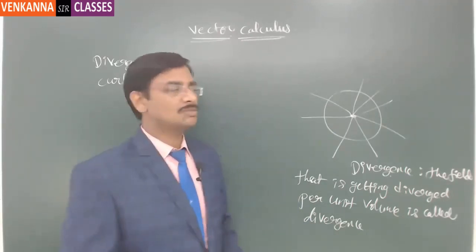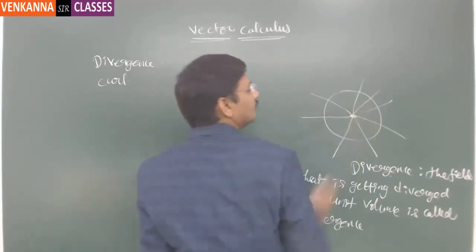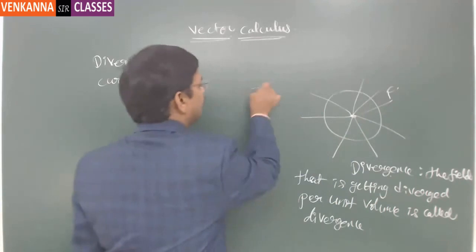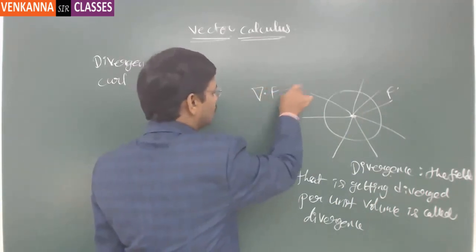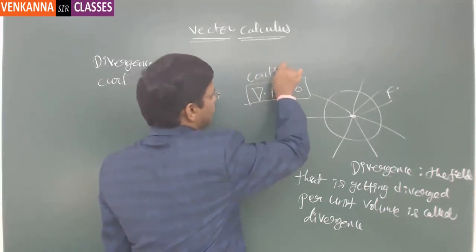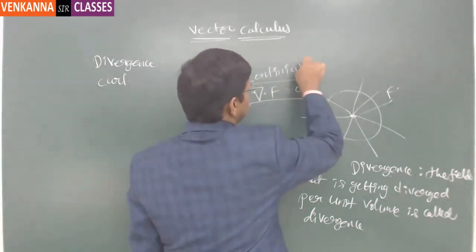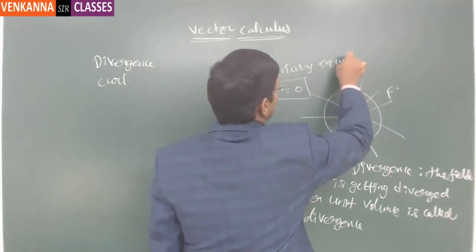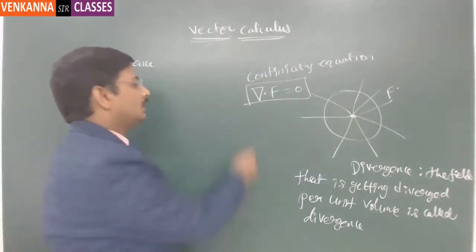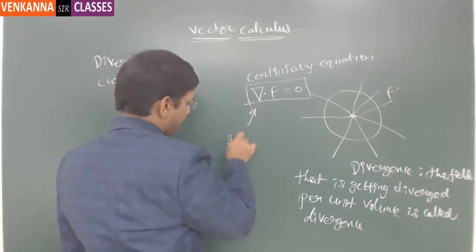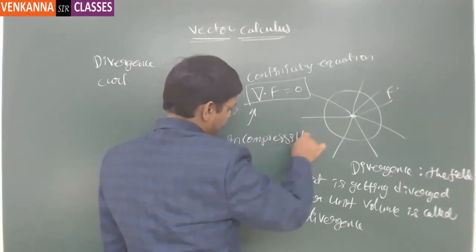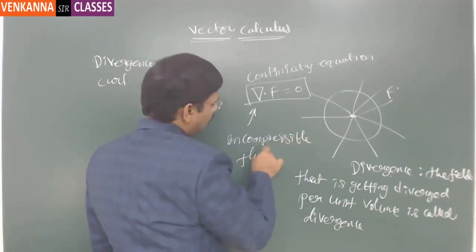Now, suppose this is the fluid field, let us say F, then del dot F equal to 0 is nothing but the continuity equation. So, here del dot F equal to 0 is nothing but an incompressible fluid.